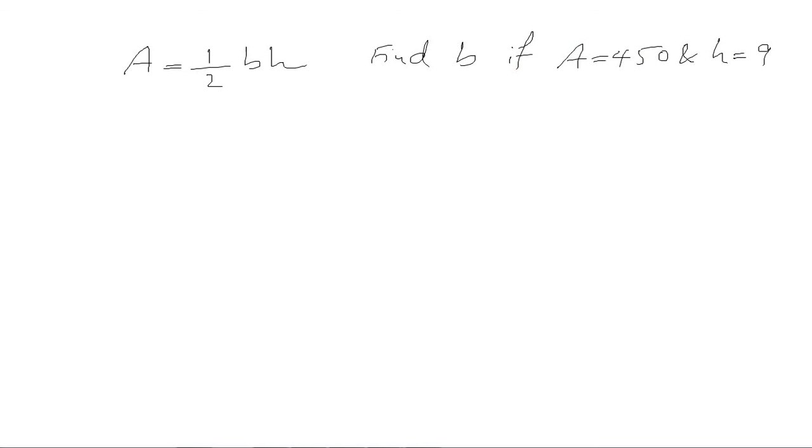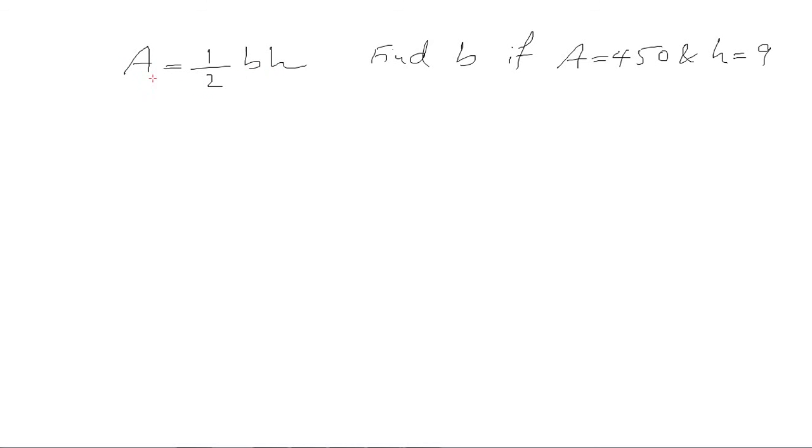So how do you solve a problem like this? So you're given a formula and you know the value of all the variables except for one. So you know the value, there are three variables, a, 450, b and h. B you don't know the value for, but for h you know the value, and that is 9.